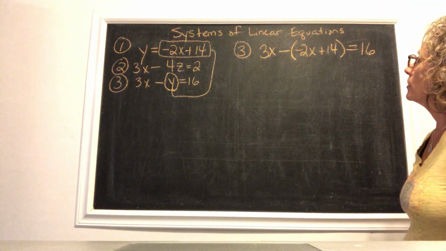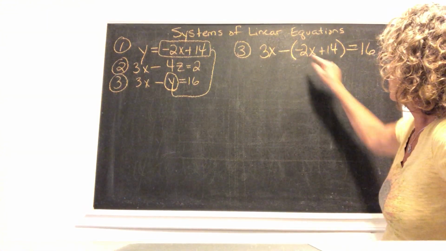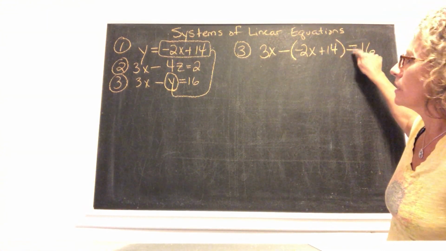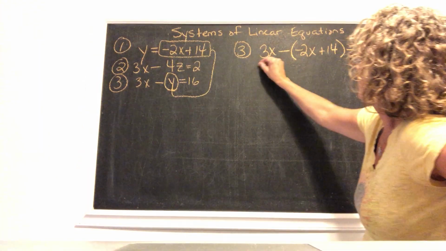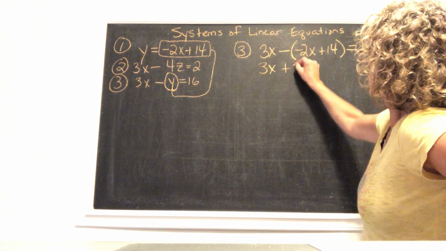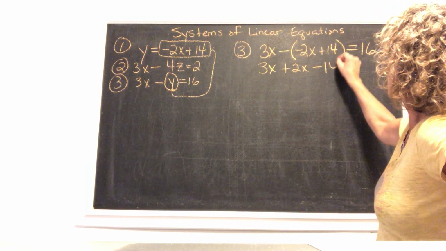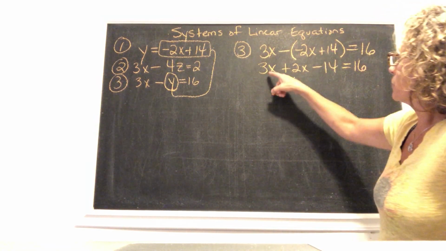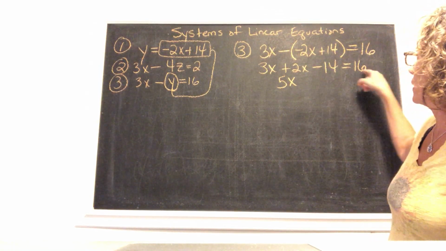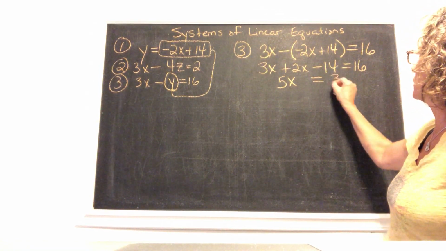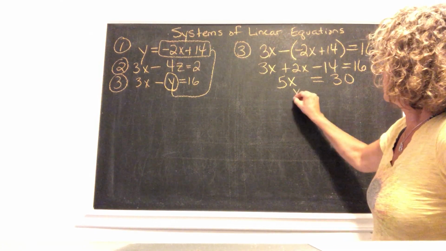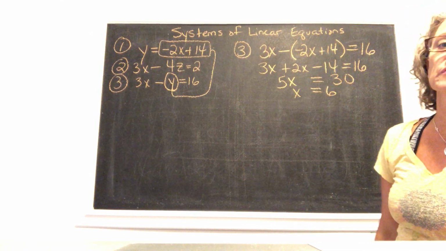Now I have 3x minus y, which is negative 2x plus 14, equals 16. Distributing the negative, simplifying the 3x and the 2x, and adding the 14 to the other side gives me 5x equals 30, which then gives me x equals 6.